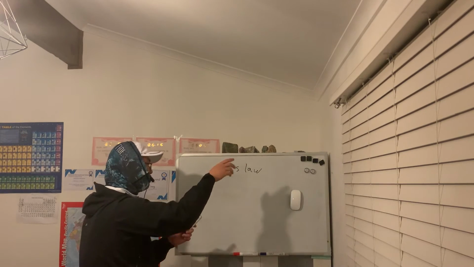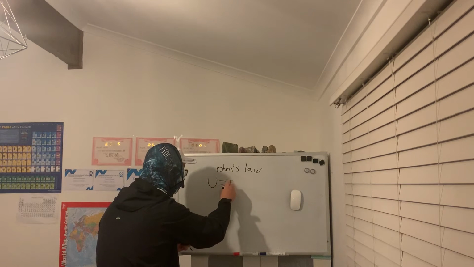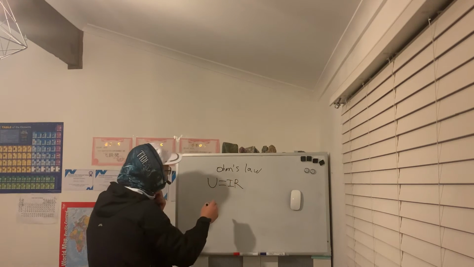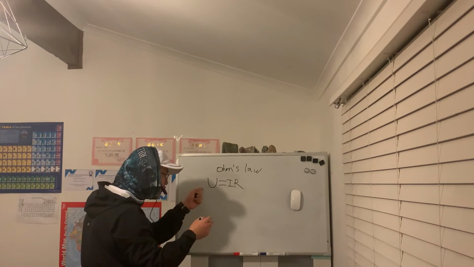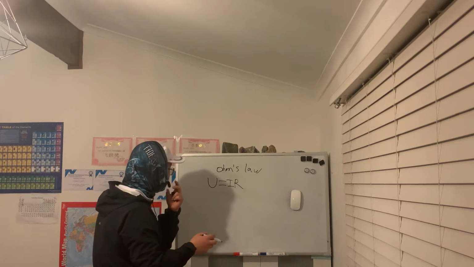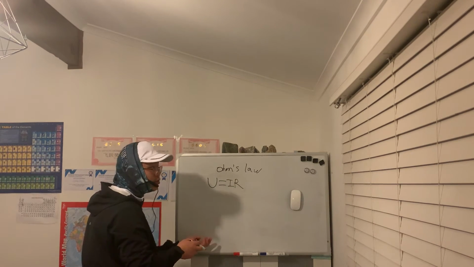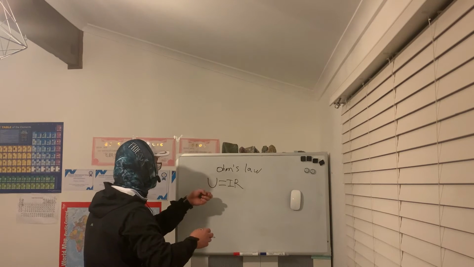So Ohm's Law states that U equals IR. You probably forgot what is U, what is I, what is R. Well, I've actually talked about this last lesson, but I think you guys all forgot, so I'm gonna say it again.